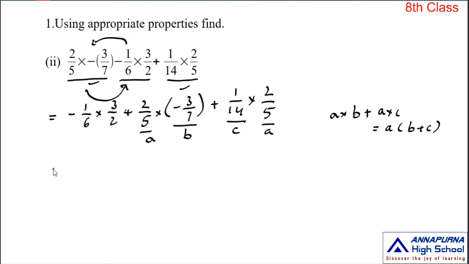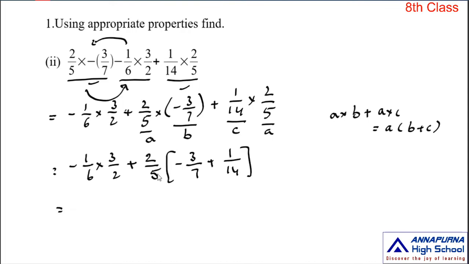So apply to here. We do not disturb the first term. First term you can write as it is, minus 1 by 6 into 3 by 2 plus here A value is equal to 2 by 5, so 2 by 5 into (B plus C), B means minus 3 by 7 plus 1 by 14.